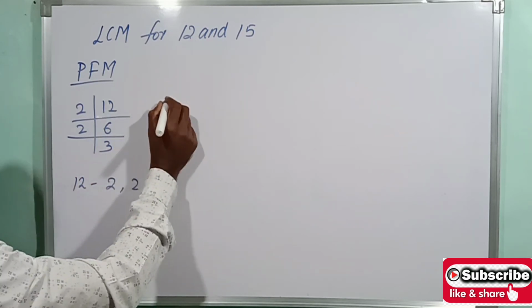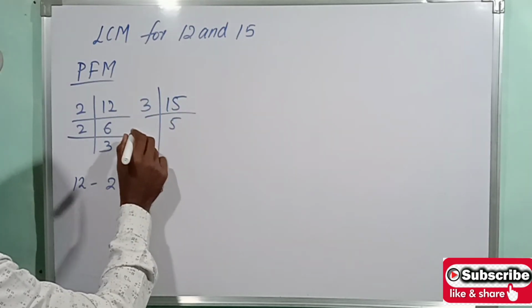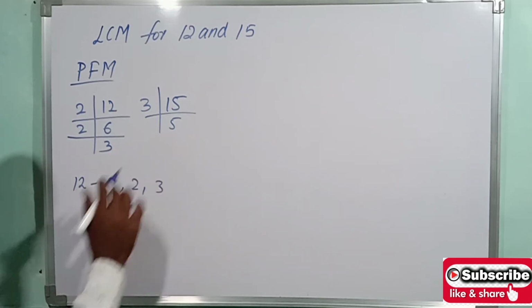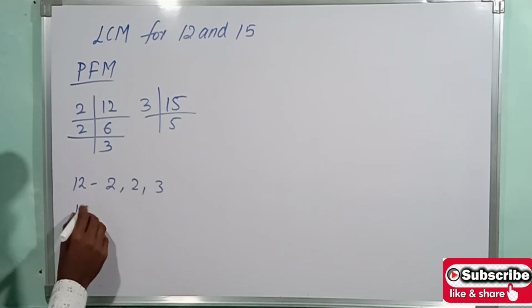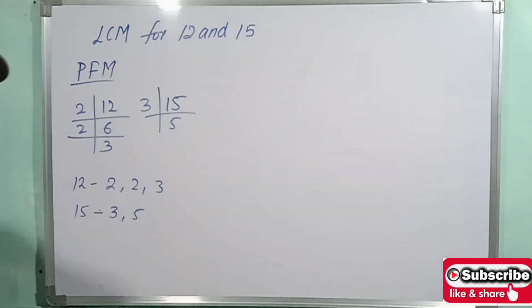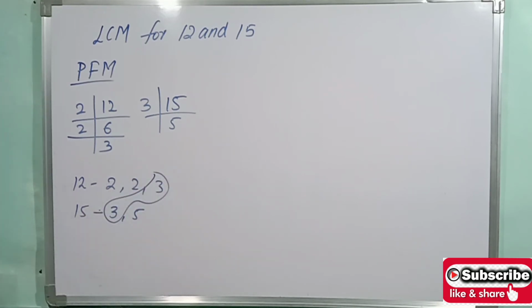Next find the prime factors for 15. 3 5s are 15. Both 3 and 5 are prime numbers, so the prime factors for 15 are 3, 5. What is common here? Only one factor is common, that is 3.